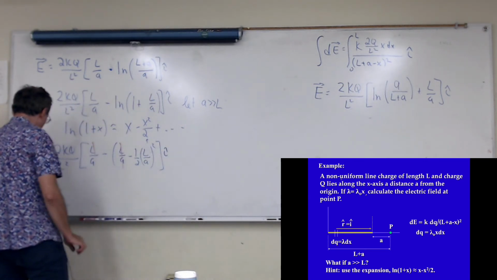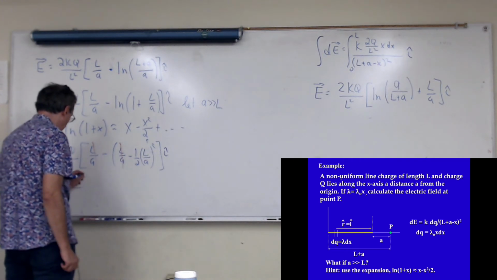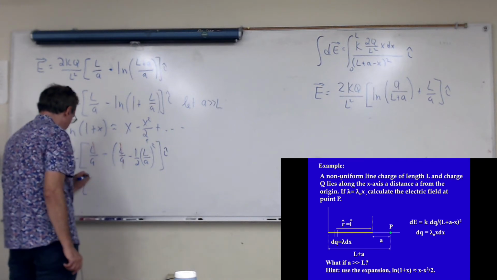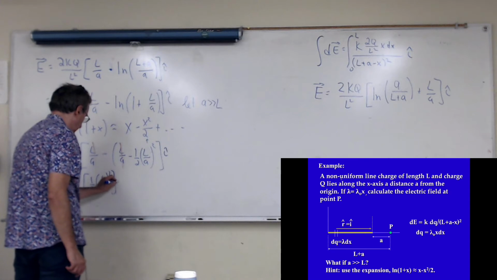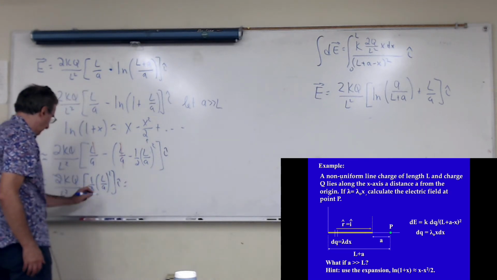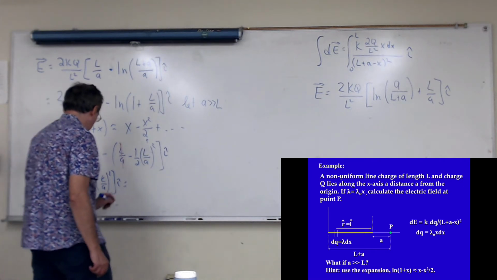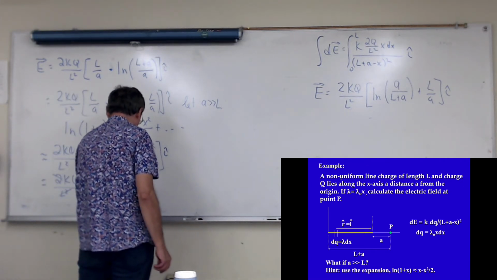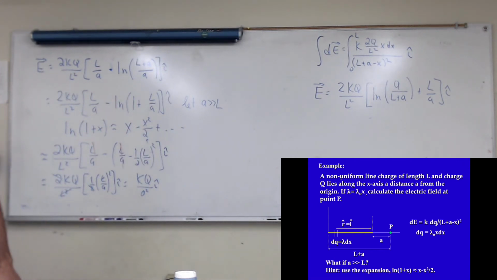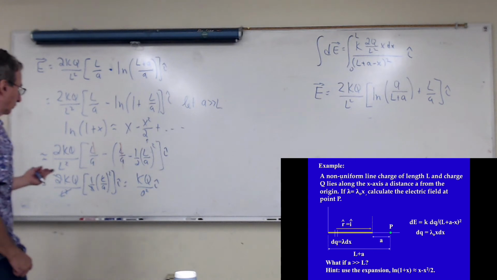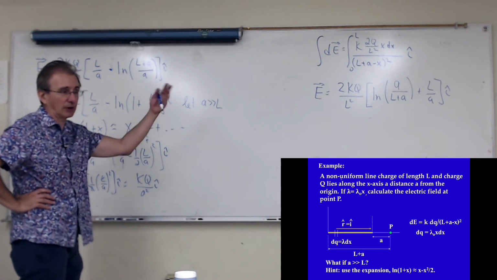And this is going to be something that's approximately equal to 2kq over L squared. The minus signs cancel. The 1/2 cancels with the 2. The L squares cancel. And it's going to give me kq over A squared i hat, which is the field due to a point charge. So it approaches the field due to a point charge when you're really far away. And that makes sense because when you're far away, that rod looks like a dot.